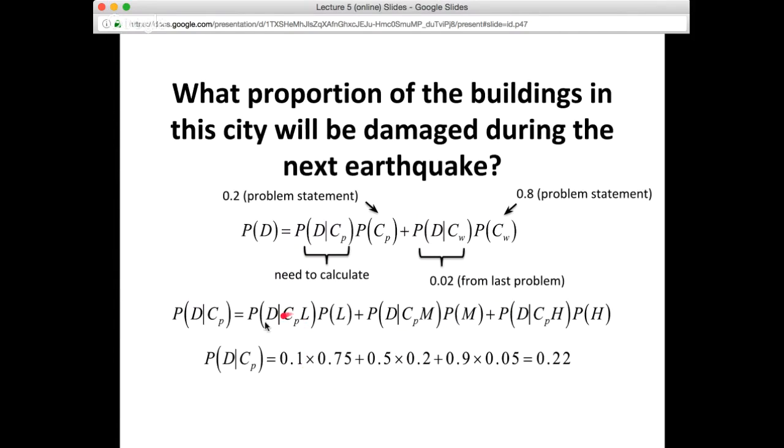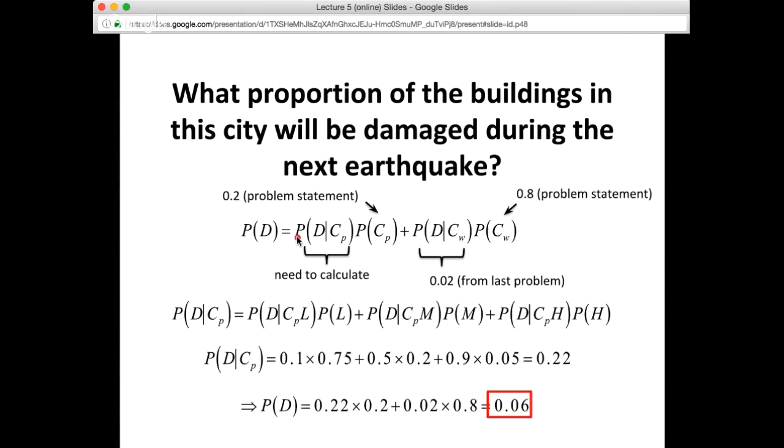We were given that the probability of damage of a poorly constructed building during a low intensity earthquake is 10%. And then we know the probability of the low intensity earthquake during the next quake is 75%, and so forth. And when we calculate all that out, we get 22.22, or 22%. So that is our number here.